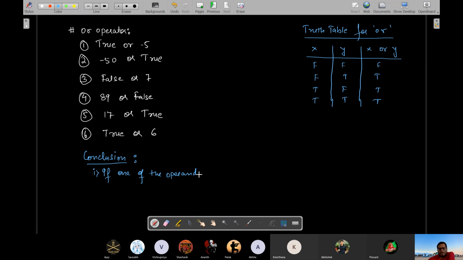If one of the operands is true and other one numeric, Anand, tell me 1 to 6 में which all will result in true? A numeric.